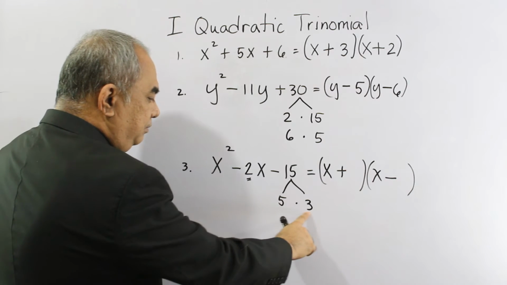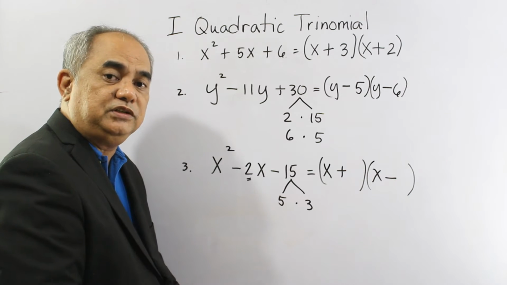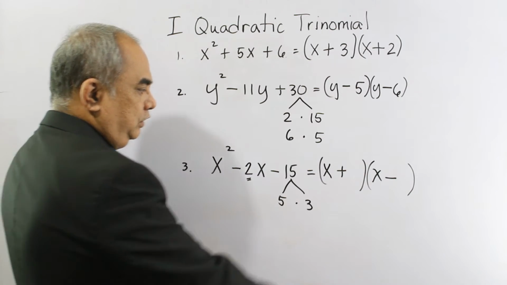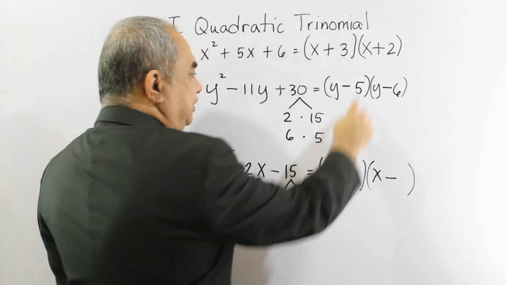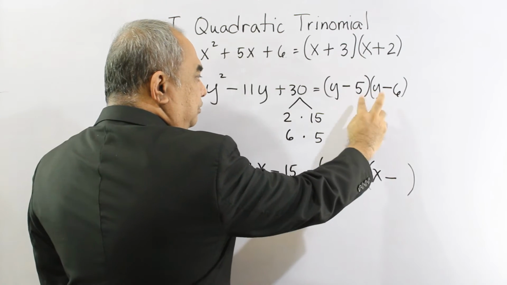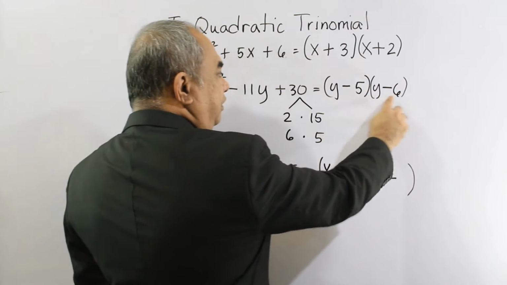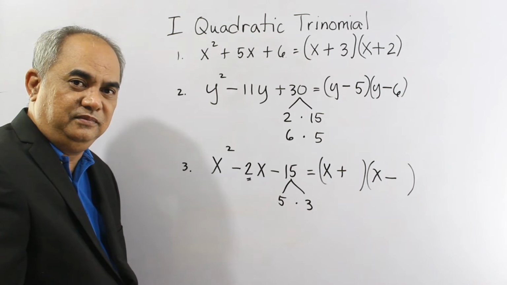So, these two numbers will be the appropriate factors of 15. However, we need to understand that there are two different signs here. Unlike here, we have the same sign. So, you can write the factors interchangeably. Meaning, you can change the position of these 5 and 6 and 3 and 2. Here, you cannot do that.